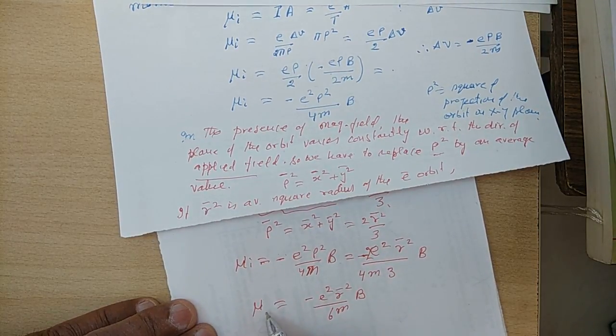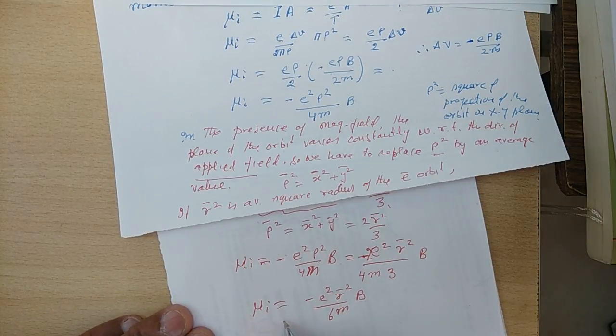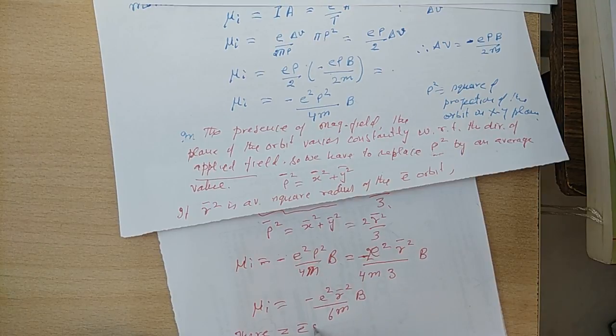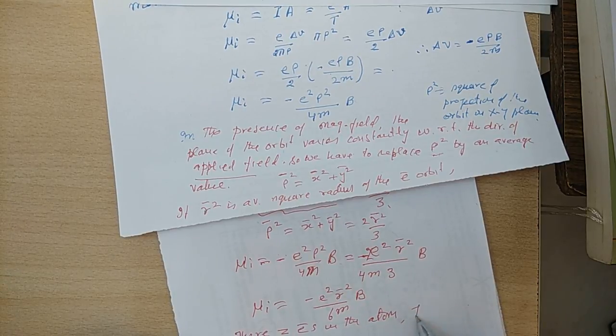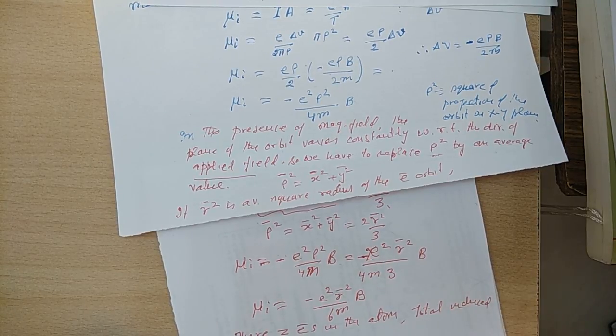So this is the value of the induced magnetic moment. Now, if we consider that in an atom there are Z electrons, what is the total induced magnetic moment in that case?